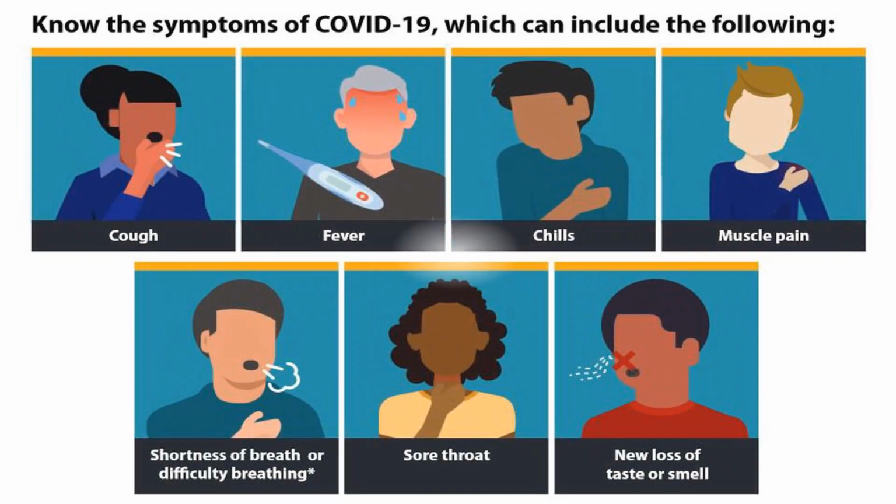You must know the symptoms of COVID-19, which can include the following: cough, fever, chills, muscle pain, shortness of breath or difficulty in breathing, sore throat, and new loss of smell or taste. If you have these symptoms, seek medical attention.